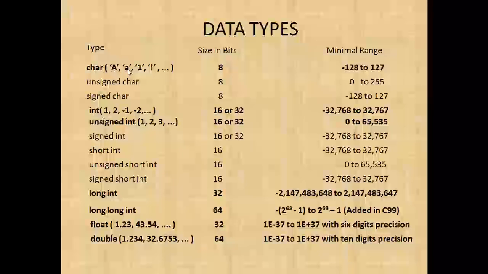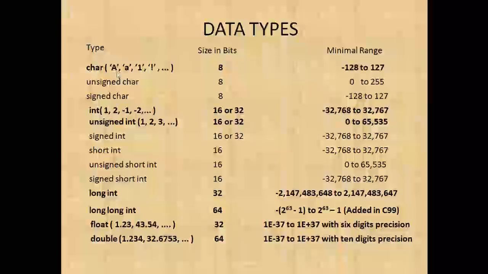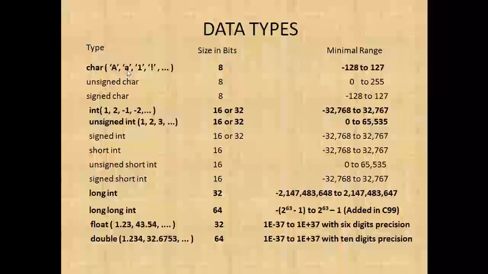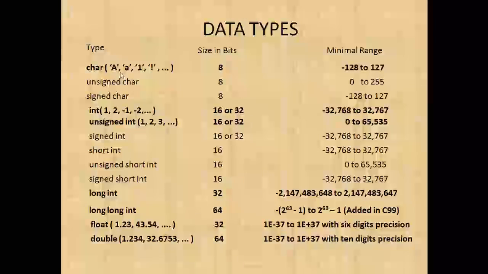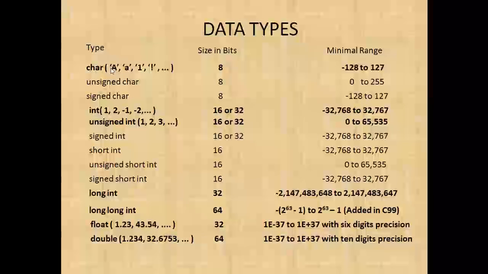A character is almost everything, like capital A, small a, B, C, D, E, F, G, whatever, and 1 2 3 4 and star, semicolon and whatever. And every character in C must be represented within a single inverted comma.